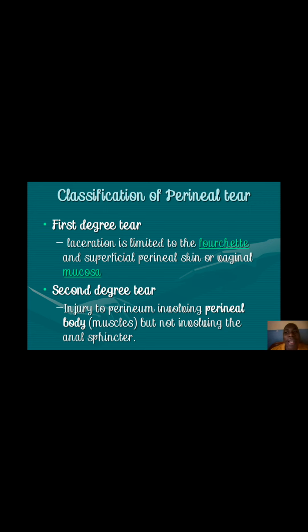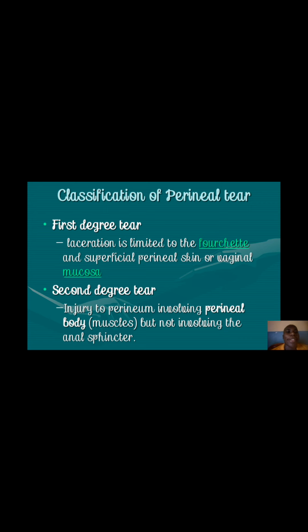Yani ni laceration tu vidogo, mama anapata vimchubuko au amechanika kidogo tu. And usually a first degree tear heals on its own spontaneously, ni vidogo tu. If kama kuna severe bleeding, you may repair it. Tutaona katika management of the perineal tear.